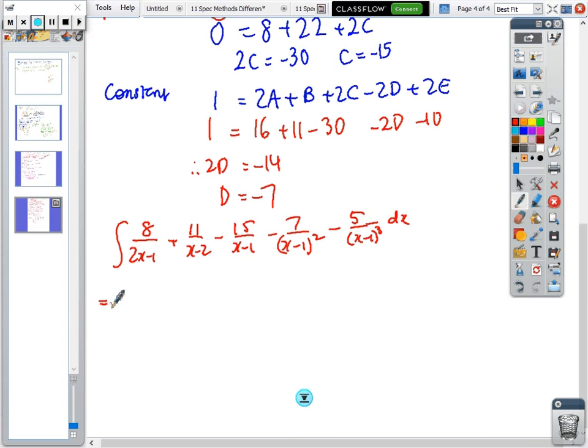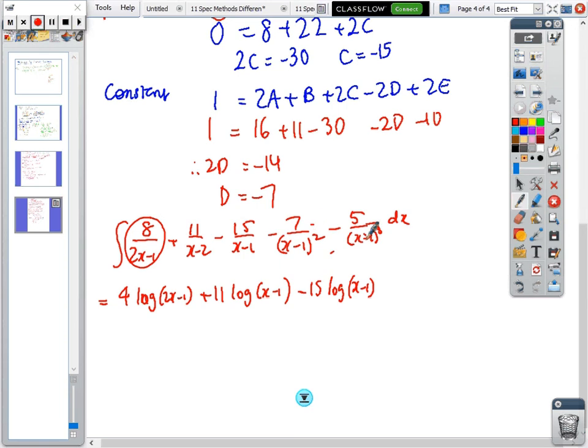And so this first one turns into 4 log 2x minus 1. Don't forget, these are all log e's. The next one is 11 log x minus 2. Next one is minus 15 log x minus 1.